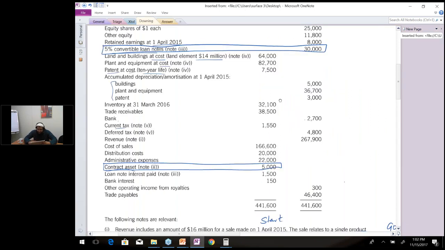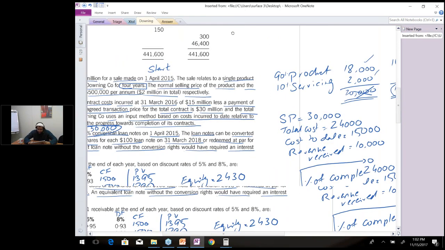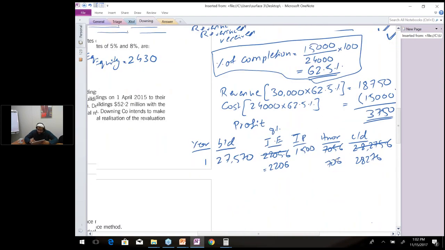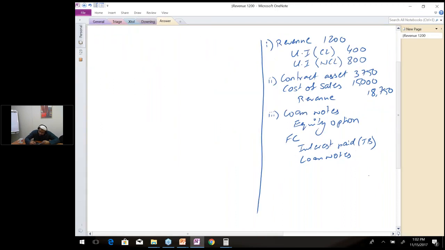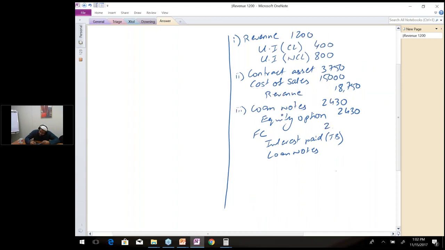So if I go and see the amount of the entries, it is going to be 2430 for the first entry and 2206, with 1500 being paid and the remaining 706 as a liability.